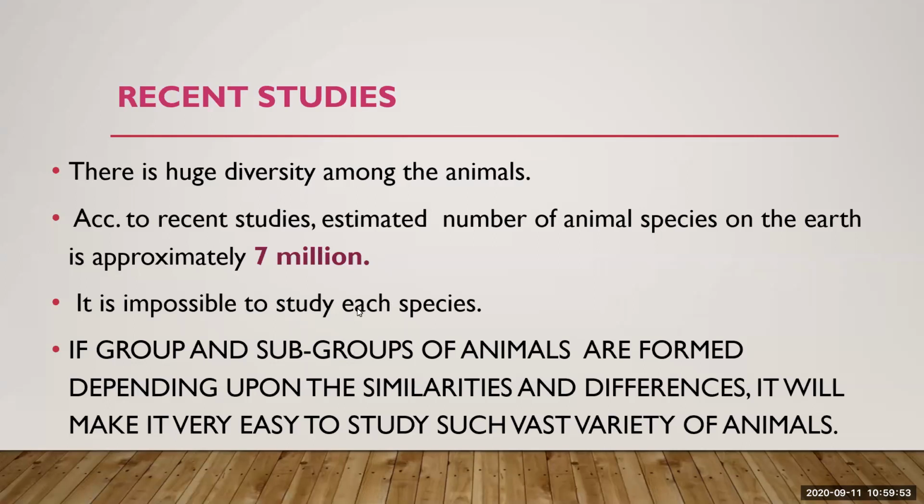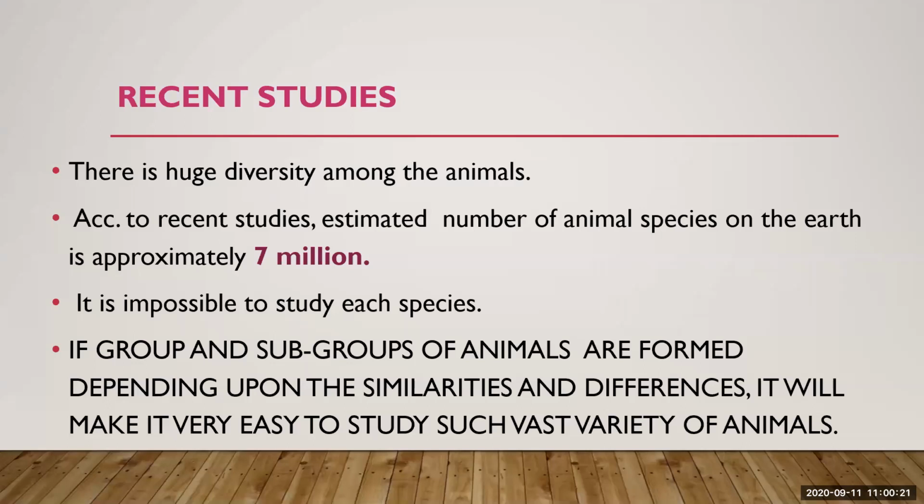Like if you want to classify, we are classifying girls and boys. Like we are saying, this is a group of girls and this is a group of boys, so that we can differentiate between two groups, girls and boys, on the basis of similarities and differences. In this way, there are many criteria they are using to separate these animals into groups and subgroups.